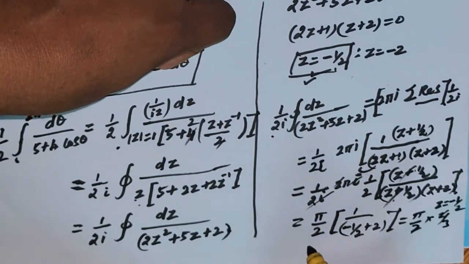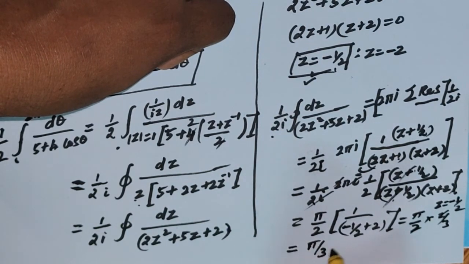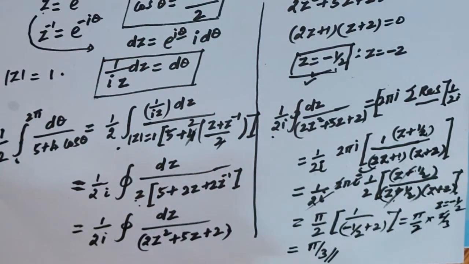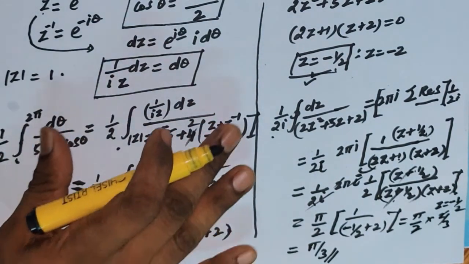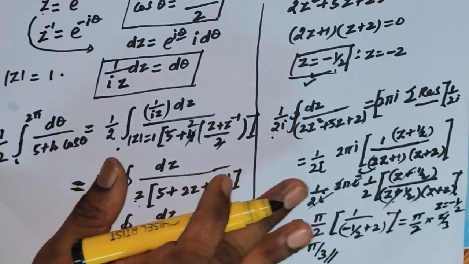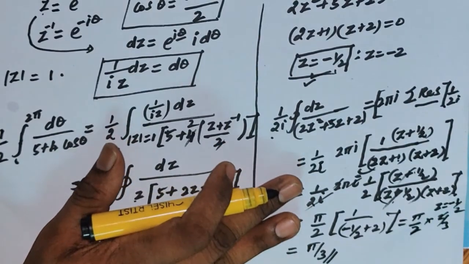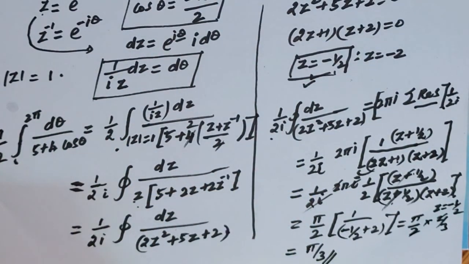The final answer would be equal to pi by 3. So this is the option. You can use trigonometry, but this complex integration is simple for solving the problem. So using the complex contour integration, we got the answer pi by 3. So the option is 4 here. So this is the answer.